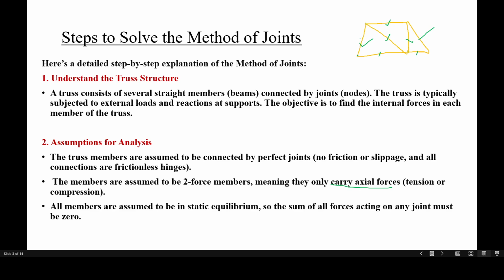The third assumption is that all the members are in static equilibrium, so that the sum of the forces acting at any joint is zero. These assumptions make our calculations more straightforward by focusing only on the essential forces in each member.